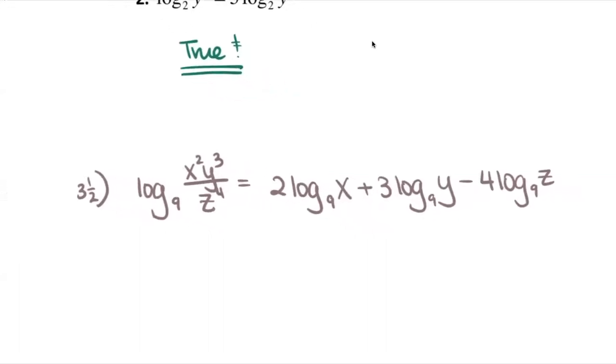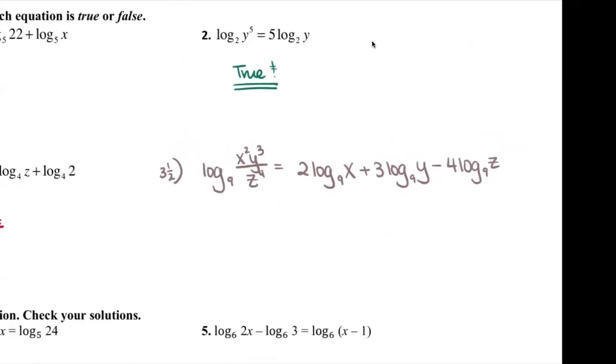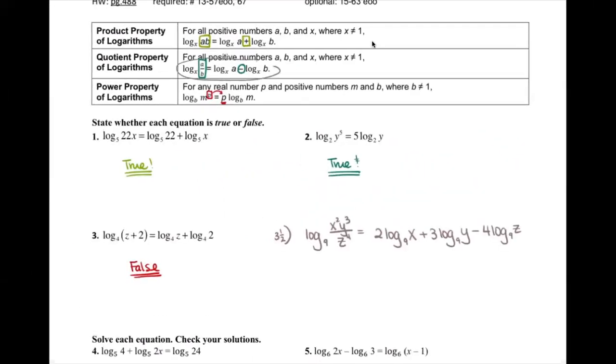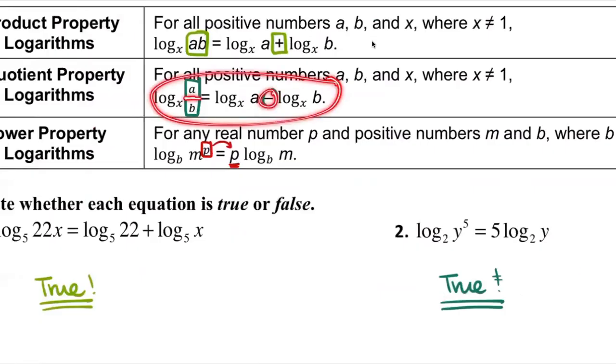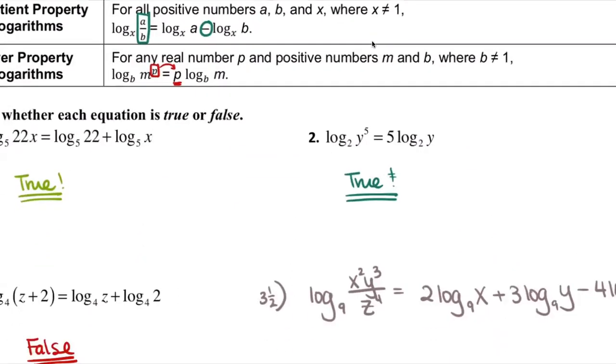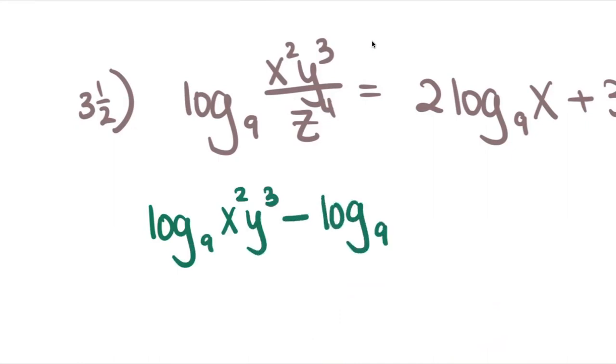Actually all three properties are happening in this one. First, I like to handle that division. I know from the second property, the quotient one, I can split that division up using subtraction. So working on that left-hand side, this will be log base 9 of x squared y cubed minus log base 9 of z to the fourth.